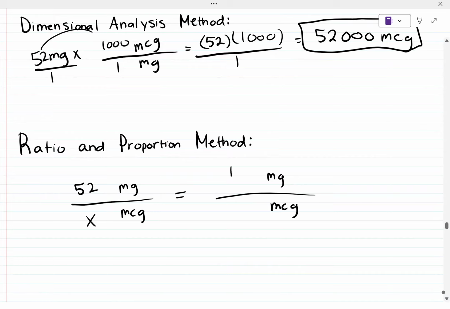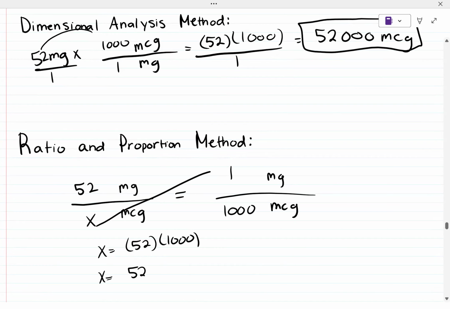And then for 1 mg, there's 1,000. Okay, so 1 times x is x equals 52 times 1,000. That's 52, and then three zeros, mcg.